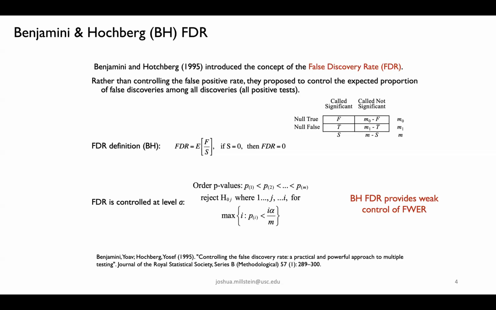This is very different from controlling the family-wise error rate, because we're allowing for false discoveries within our discoveries.